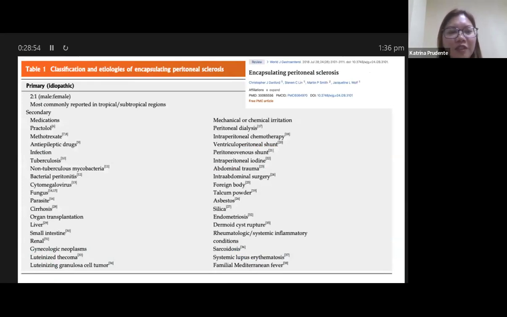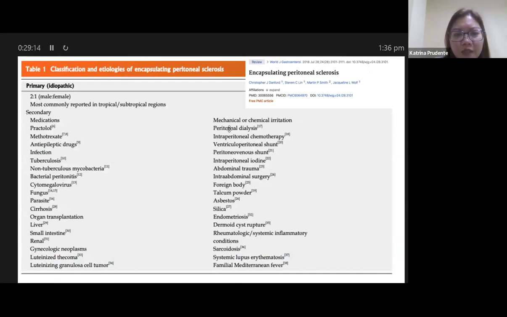For classification and etiologies, it is mainly divided into primary or idiopathic causes and secondary causes. The secondary causes are caused by local or systemic factors that trigger peritoneal inflammation, like infection, and mechanical or chemical intraperitoneal irritants, as mentioned here.